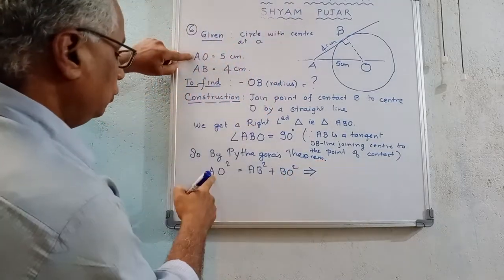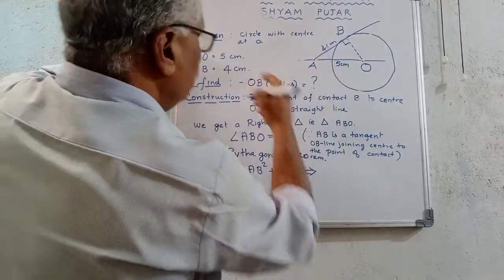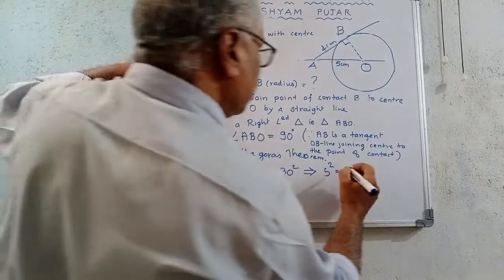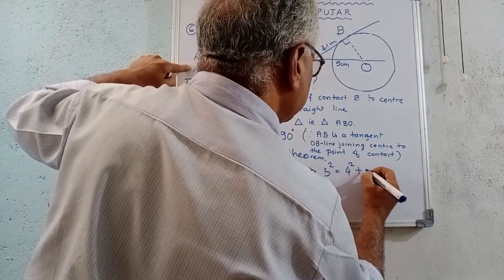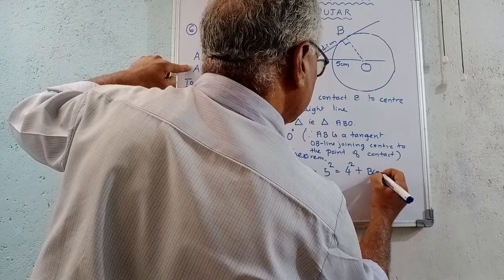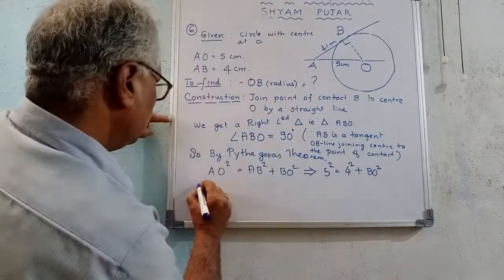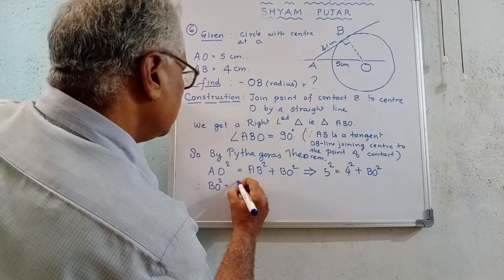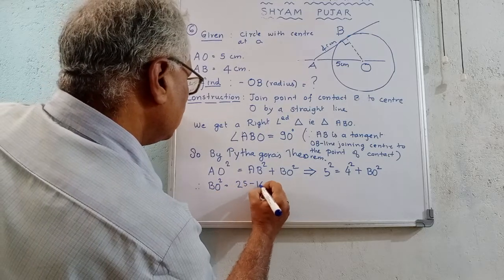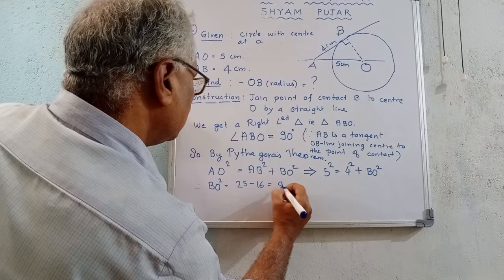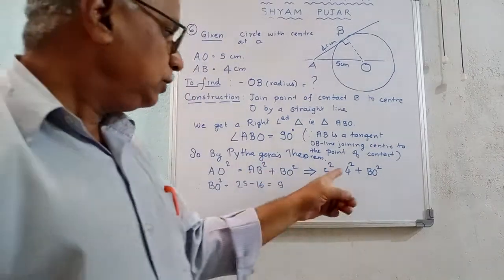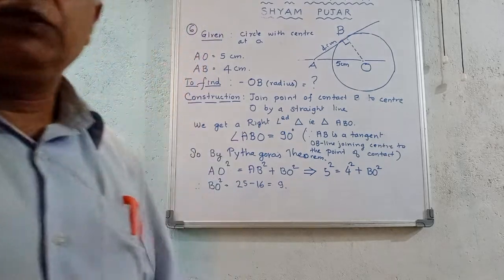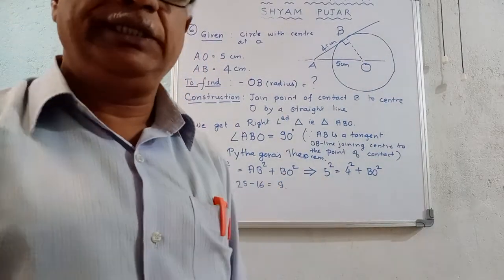Check here, AO is the hypotenuse. 5 square is equal to AB 4 square plus BO square. So BO square is equal to 5 square minus 4 square. 5 square is 25, 4 square is 16.